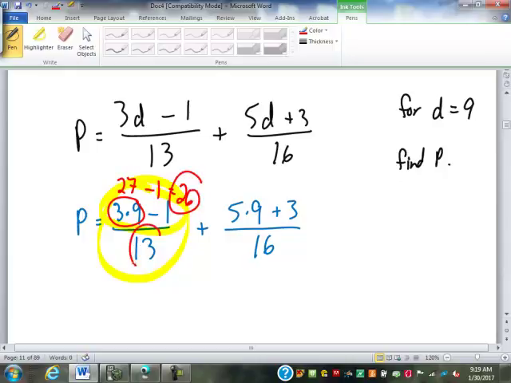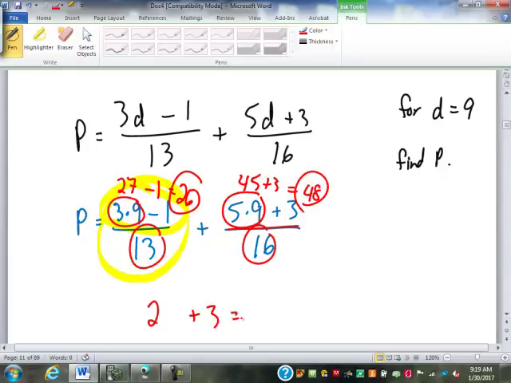So we have 26 divided by 13 is 2. Now we move on to the next fraction bar. Again, we have to do what's on top first. 5 times 9, 45 plus 3, 48. Good. 48 divided by 16, 3. Now, for some reason, a lot of people usually forget this part. We have to do the 2 plus 3 is 5. Any questions?